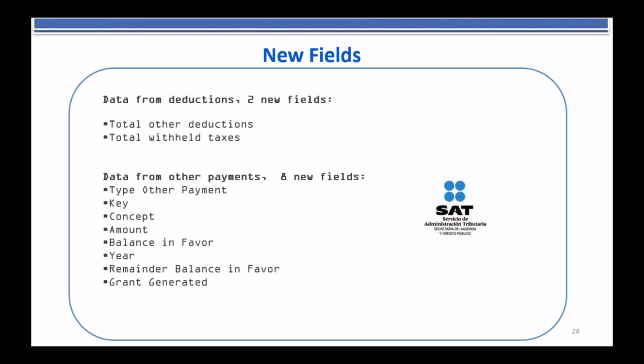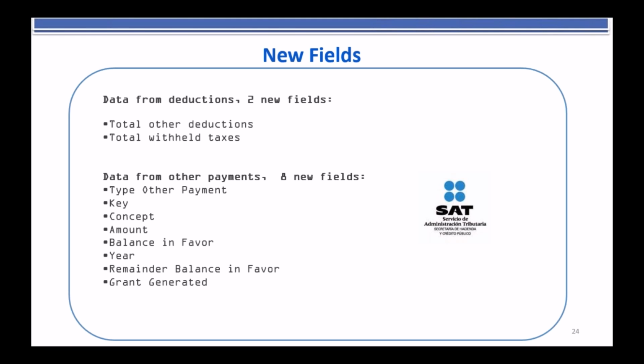And then we have data for other payments, and we have eight new fields. For example, type of other payments we're going to see later on.